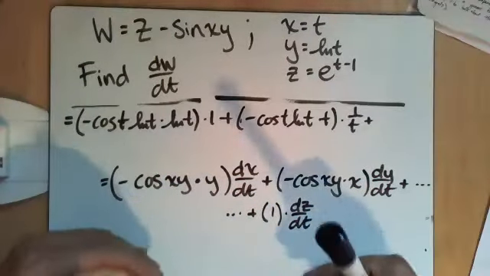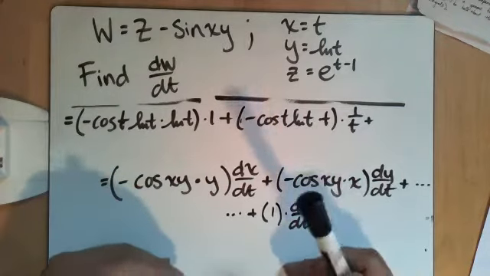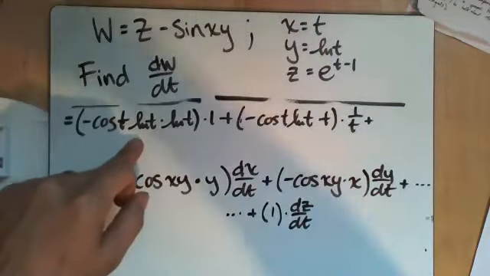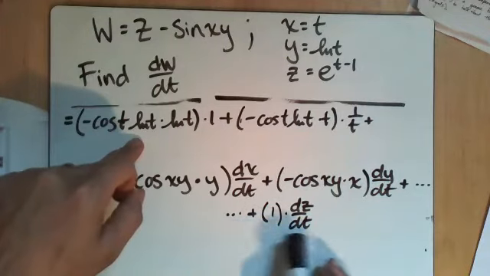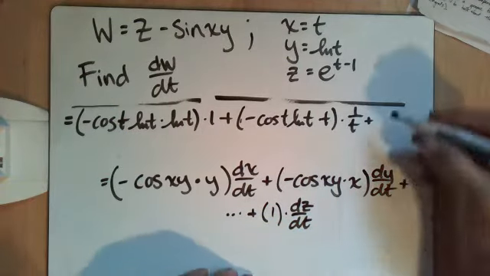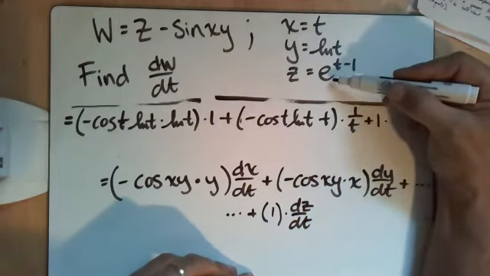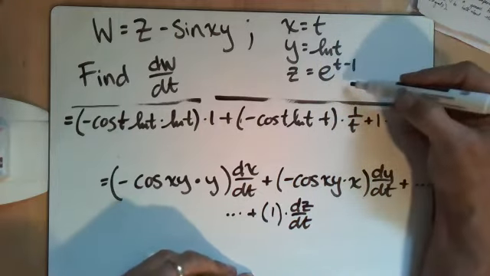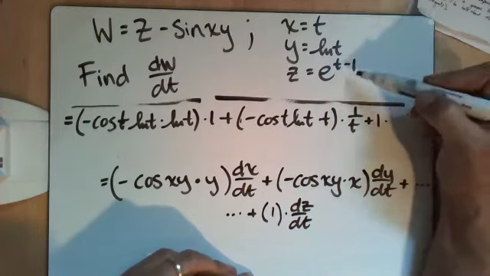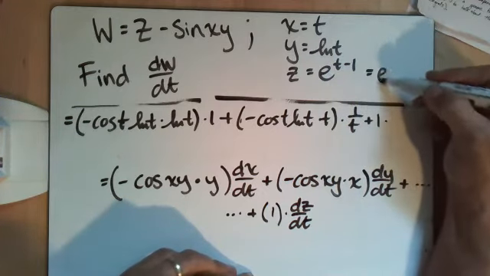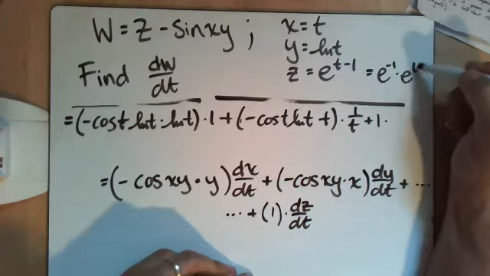I just moved this line that was beginning to get cut off up here. We were looking at this last term. So we had 1 times dz dt, so we're taking the derivative of this with respect to t, which is just the same thing, because e to the t minus 1, I can write as e to the negative 1 times e to the t.